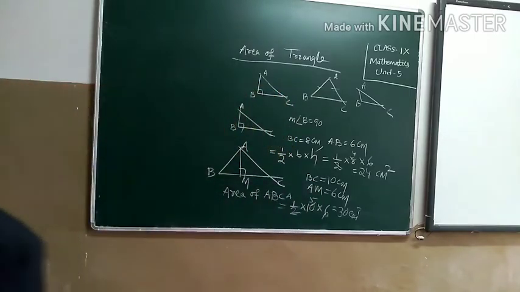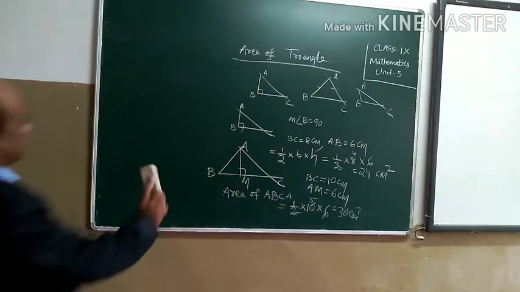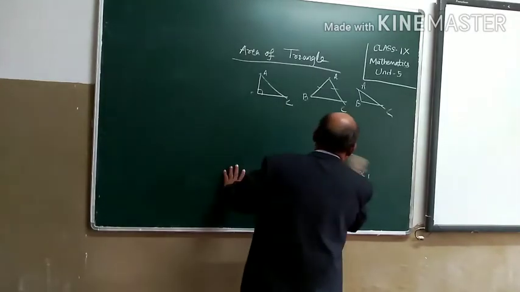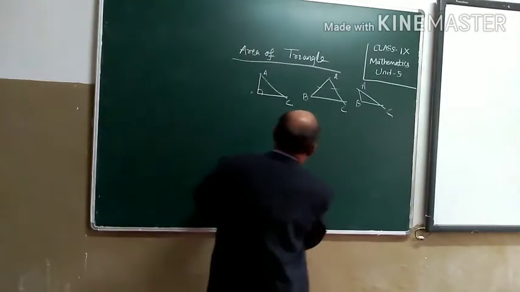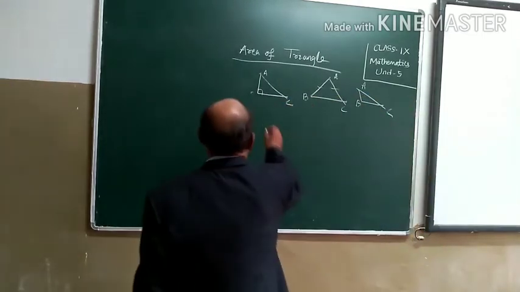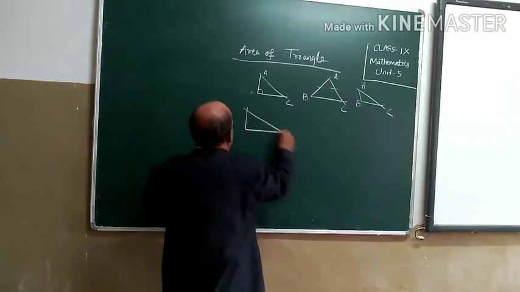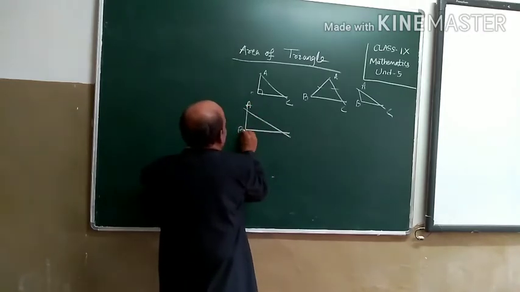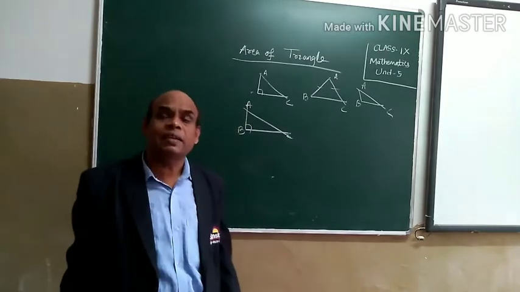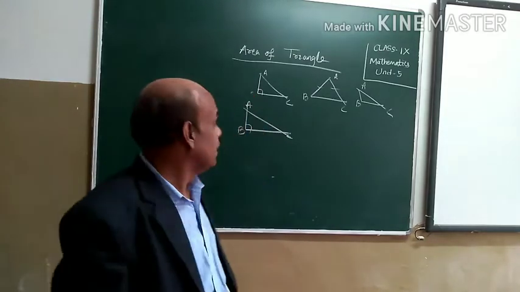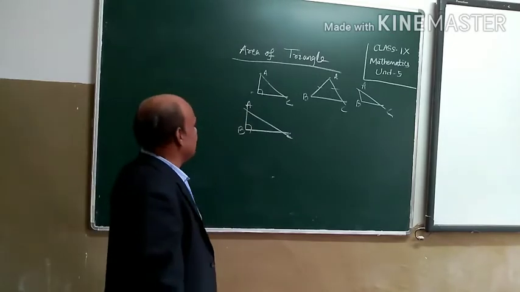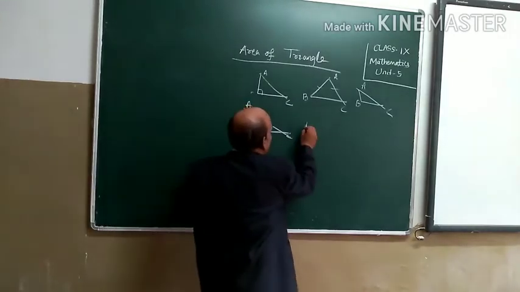Next, suppose any right angle triangle. Suppose ABC is a right angle triangle. It means angle B is equal to 90 degrees and BC is given to you.